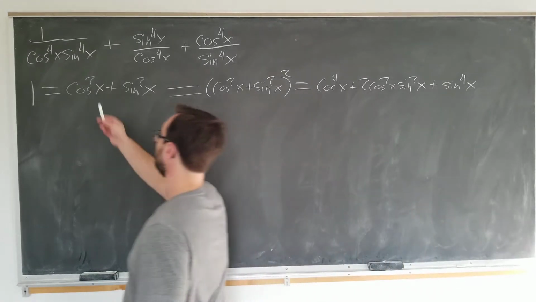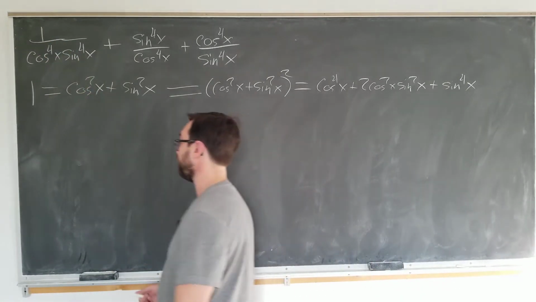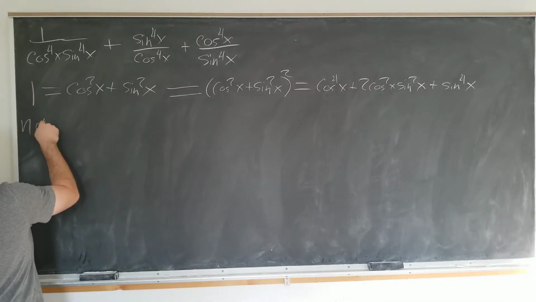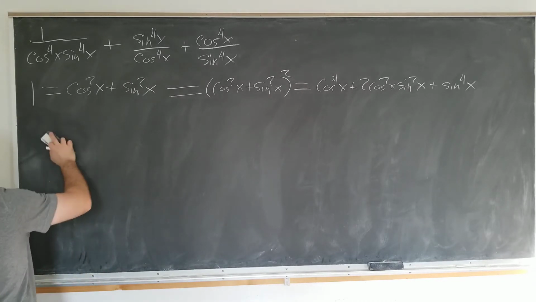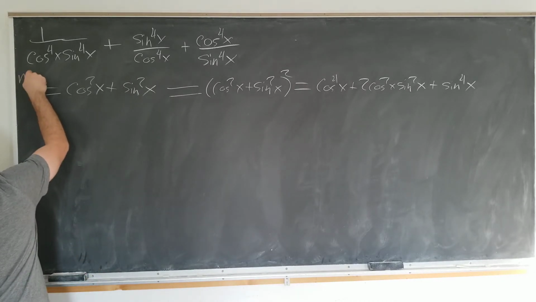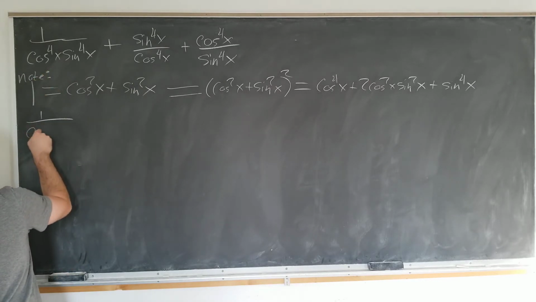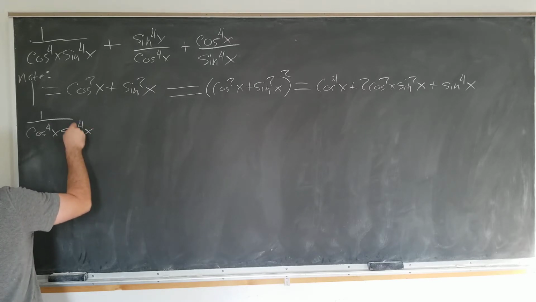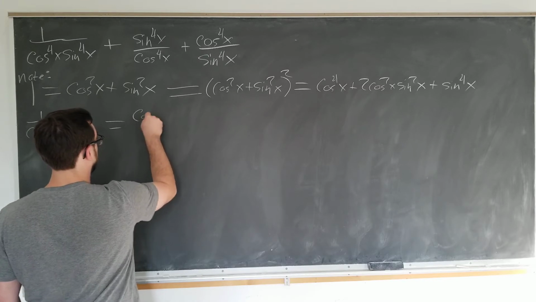And we have a 1 up top here. So we're just going to simplify that as follows. Actually, this is all a note, really. It's a sidebar. So now we have 1 over cosine to the fourth x sine to the fourth x is equal to this, divided by that, of course.